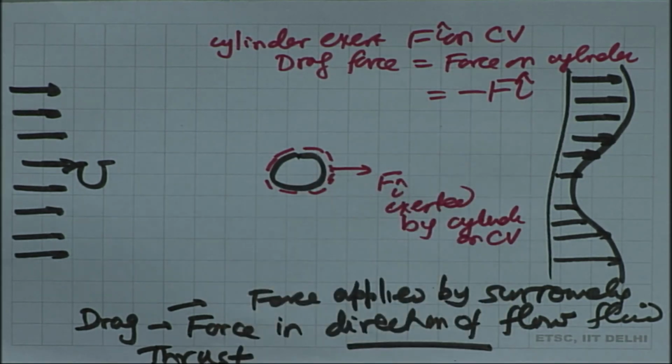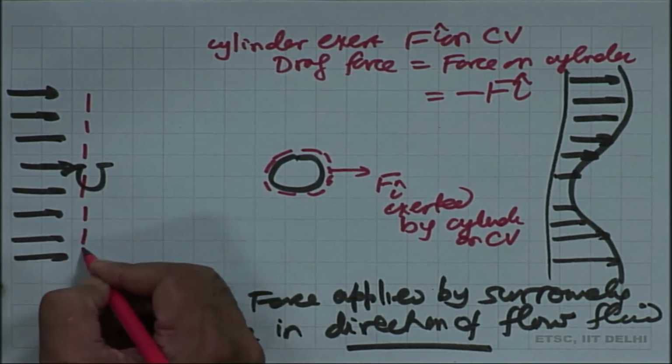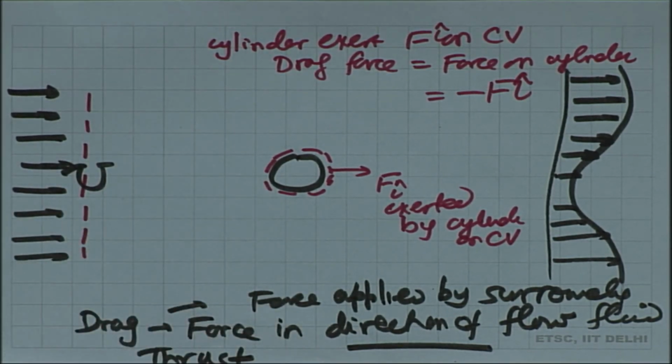Now, in this case, what is the other end? Inside we have chosen the control volume like this. On the outside we will choose a control volume, because we know pressure far away is all uniform.